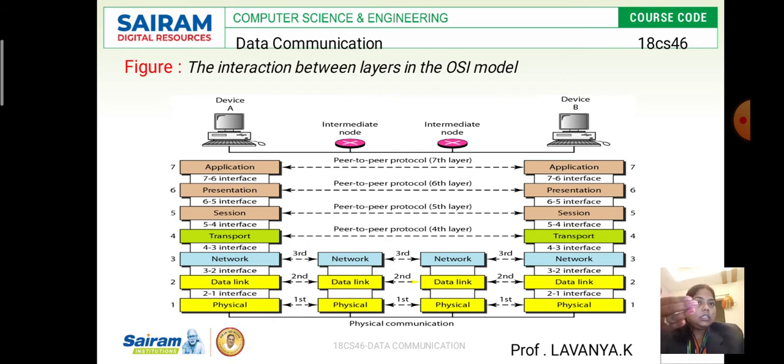So the data moves directly from the upper layer to the middle level layer, the transport layer. The actual transactions happen at the transport layer, so we call the transport layer the heart of the OSI model.